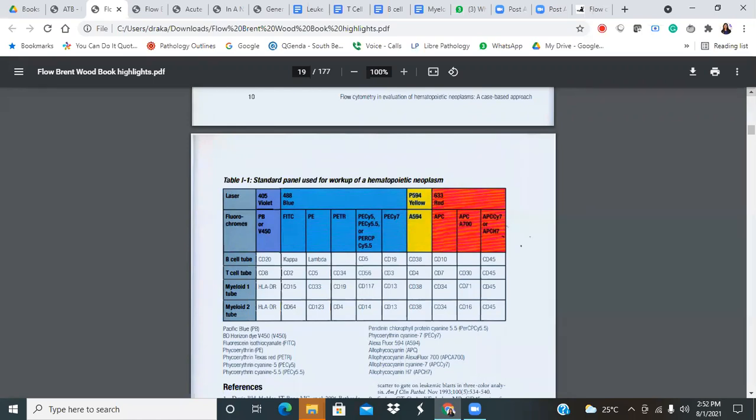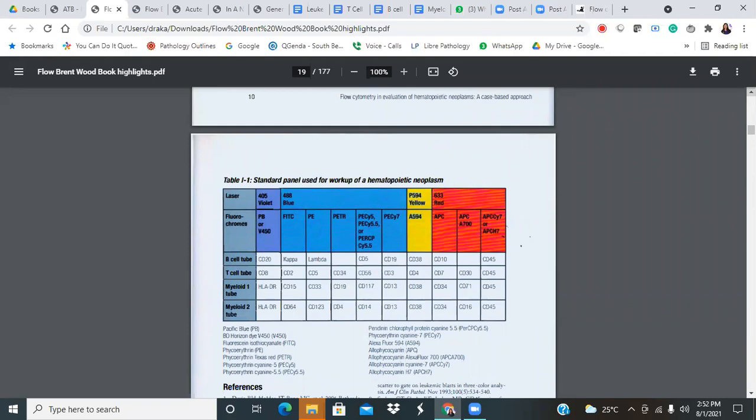And when you're running your panel, you cannot change the fluorochrome individually, because when you design your panel and tell your manufacturer, they will tag the antibody with the fluorochrome and only then give it to you. So you have to decide when you design your panel itself.